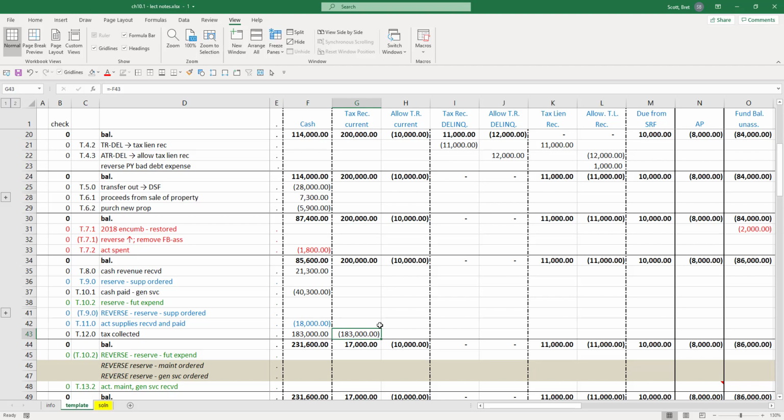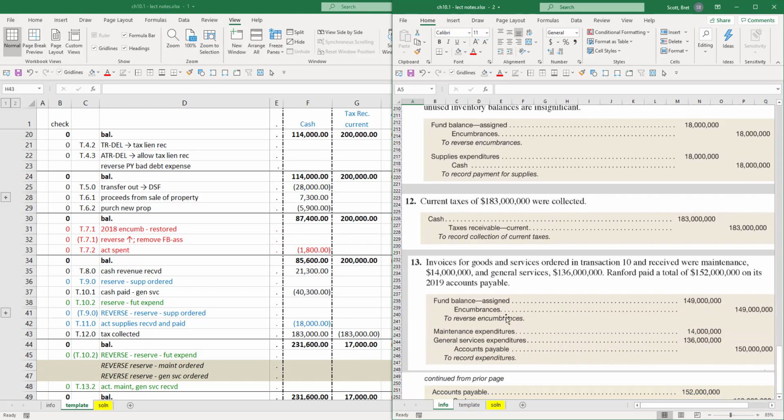Now, we'll have to do some adjustment to the allowance account later down the road, but realize that currently as it stands, 17 million hasn't been collected for the current year assessment. Is 10 million of that really what we don't expect to collect? We may need to make an adjustment here, but for right now, that's the journal entry for 12.